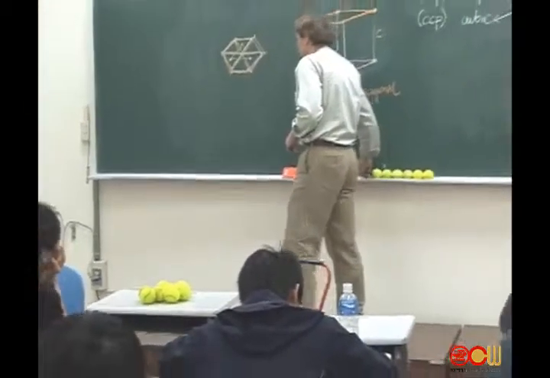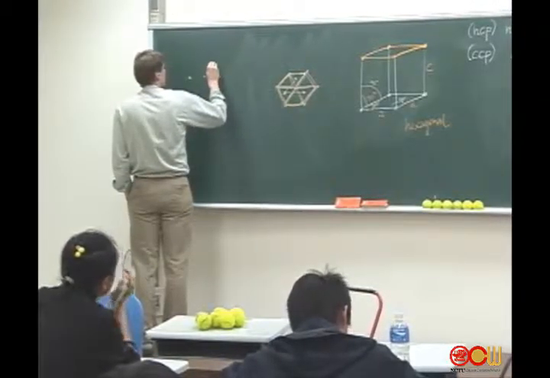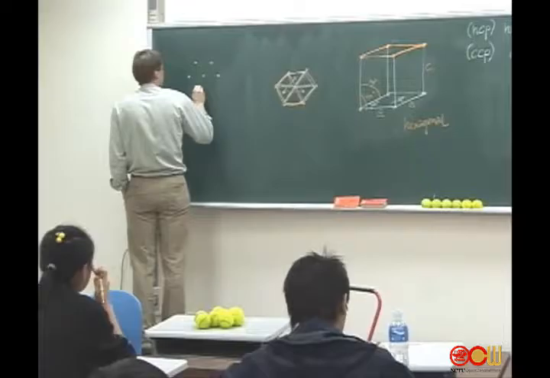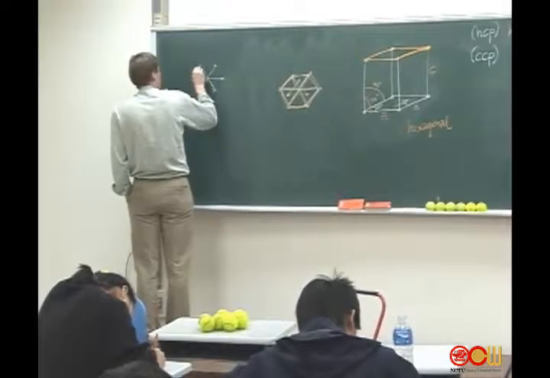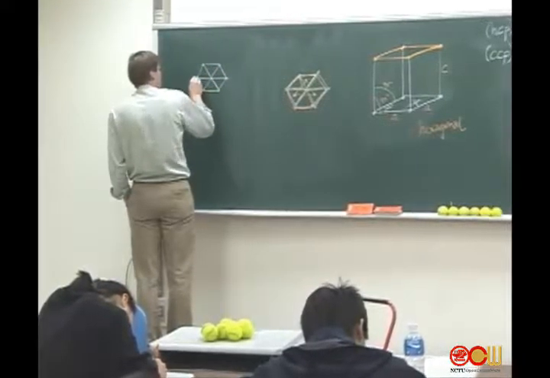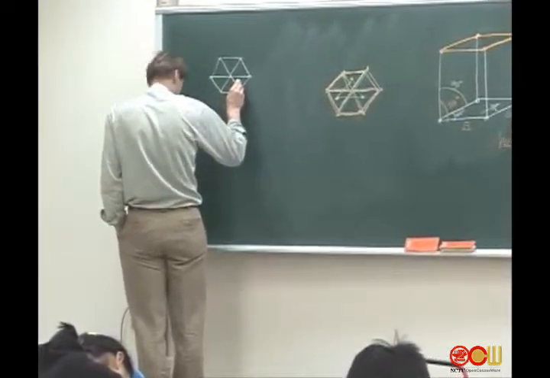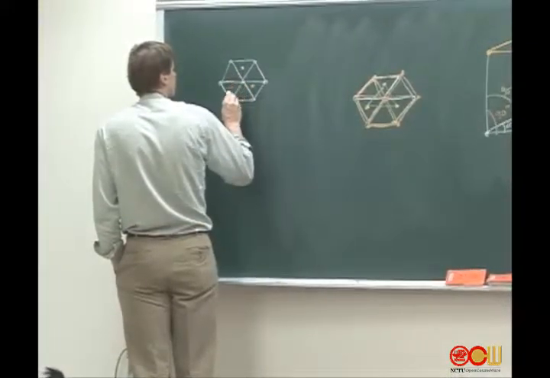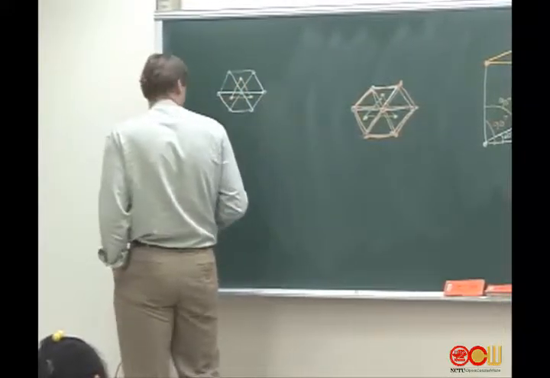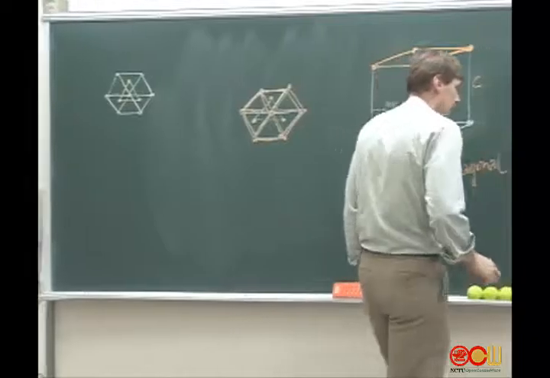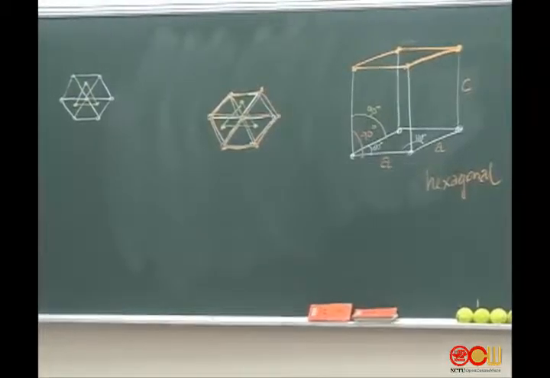In the other model, I'm starting with 6 again. 1, 2, 3, 4, 5, 6, 7. Then I'm building the yellow one, the next one. That will be here. Now I need the third layer.